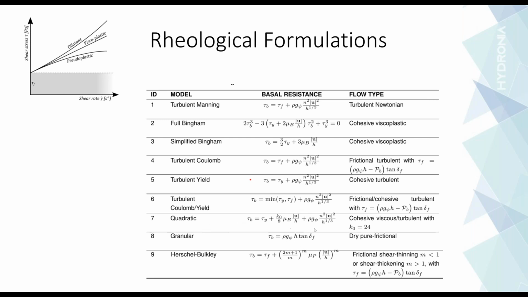And we have the quadratic, which is similar to one applied in other models. Some models include only this one, or something similar to this that includes Manning, friction, and yield stress, and also some internal friction due to viscosity.